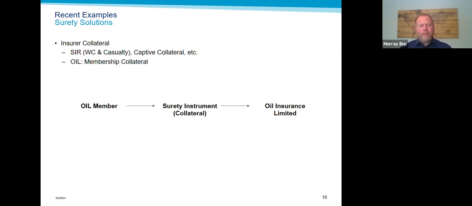So insurer collateral, that self-insured retention component we spoke about earlier: workers' comp, casualty, auto, and then of course captive fronting collateral.